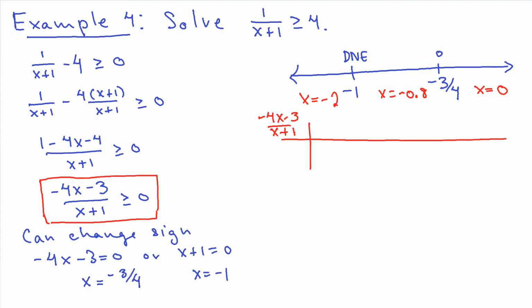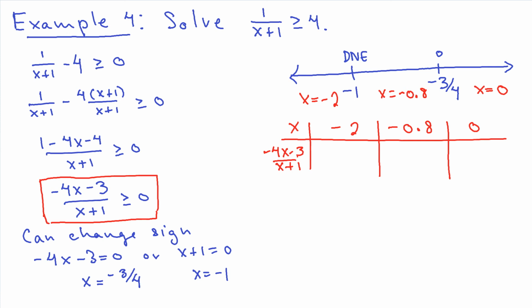And I am plugging in, this wants to go down here. So I am plugging in x equals -2, I am plugging in negative 0.8, and I am plugging in 0, and I'm plugging it into -4x minus 3 over x plus 1. This is best done on a calculator, I think.